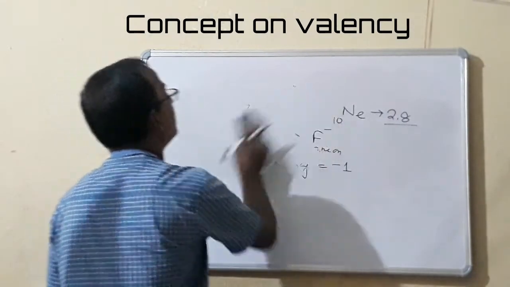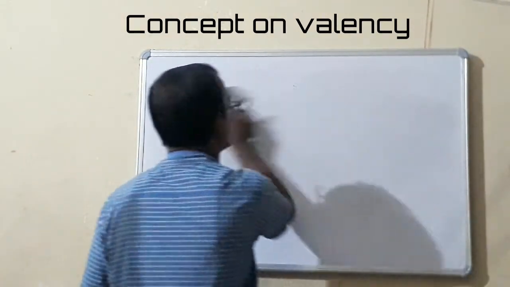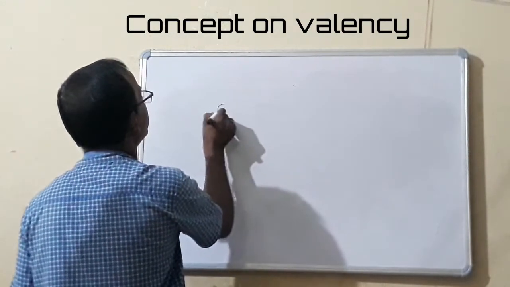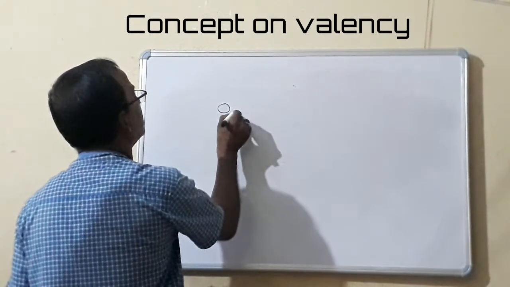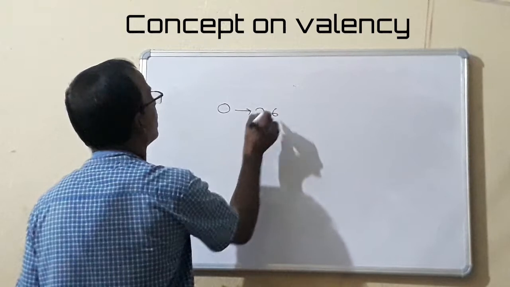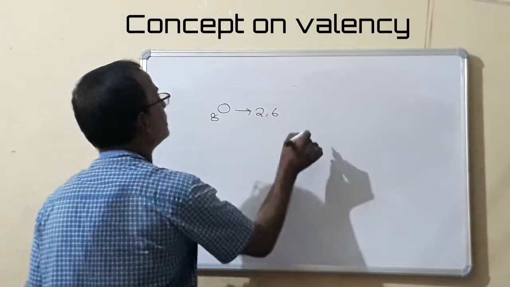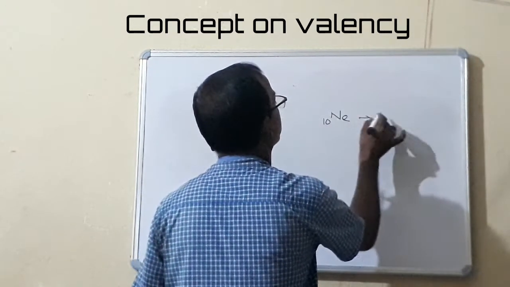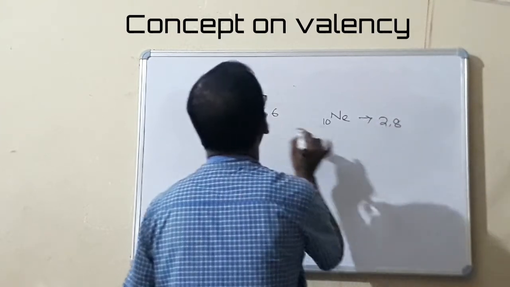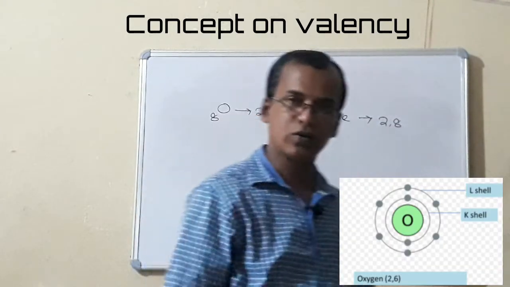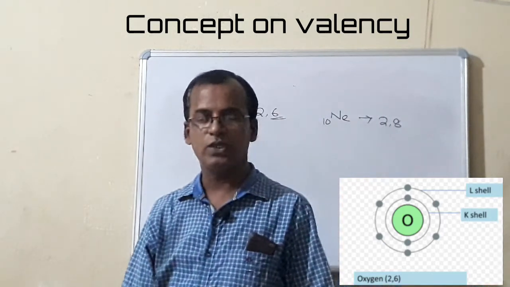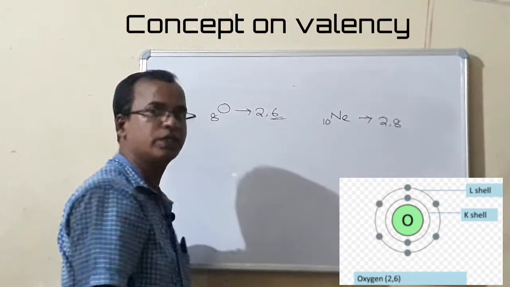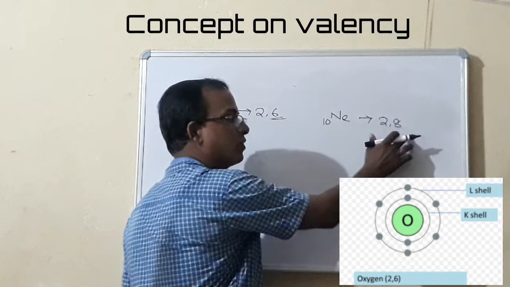Similarly, if we take another example, suppose oxygen. Oxygen, its electronic configuration is 2, 6, as its atomic number is 8, and the nearest noble gas is the same, neon 10, that is 2, 8. So oxygen has 6 electrons in its valence shell, so whenever it accepts 2 electrons from others, it can attain the nearest noble gas configuration.